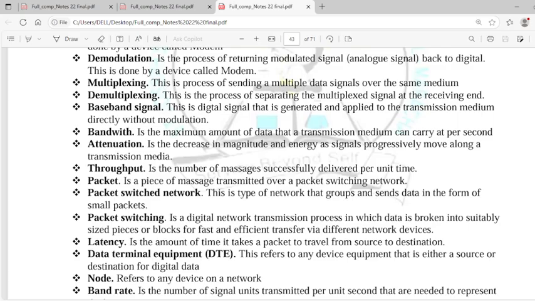When a signal is passed through a communication medium from one point to another, as these signals move along the medium, the longer they move, the weaker the signals become. So that reduction in the magnitude or the power or the level as the signals move along the medium is attenuation.